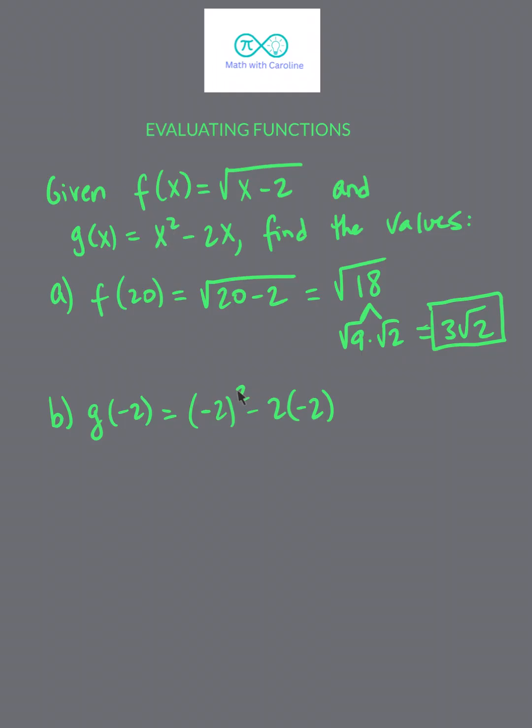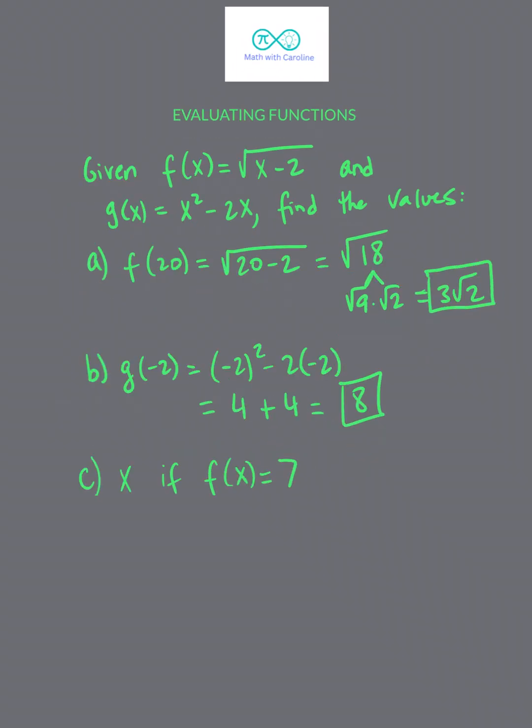So you're really squaring this negative number to make it a positive number. So this becomes 4. And then here we have 2 times negative 2, which is negative 4. And then we have this negative here, so that is going to become plus 4 for an answer of 8.